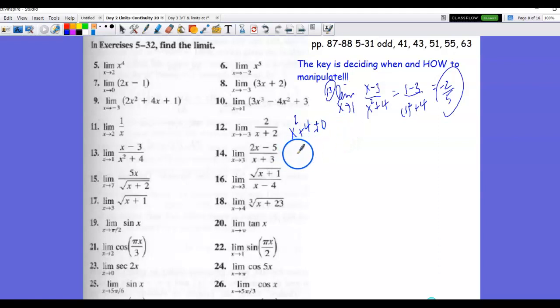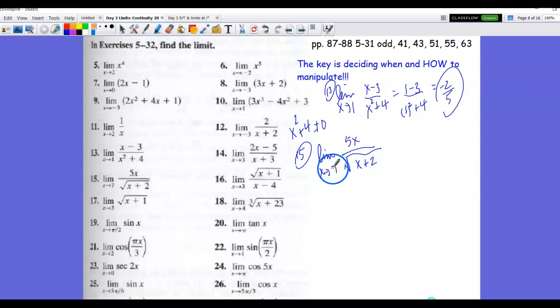In number 15, from the notes we said when we see radicals we think about rationalizing either the numerator or the denominator. But we don't just jump into that strategy, because that's not the most fun thing mathematically one could do.